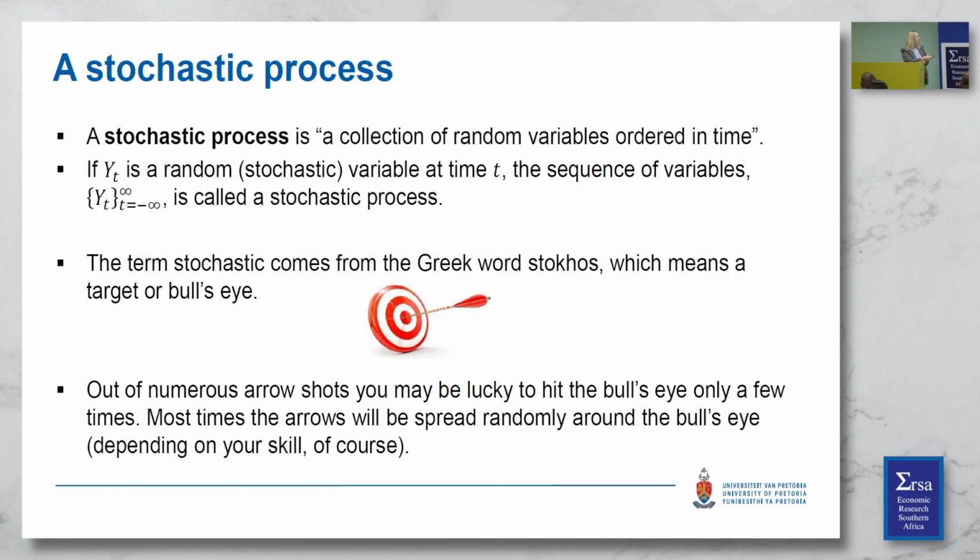So it comes from the Greek word stokos, which means target or bull's eye. And here is that argument: out of a large number of shots, depending on your skill, of course, you will not hit the board at all, or maybe hit the bull's eye.